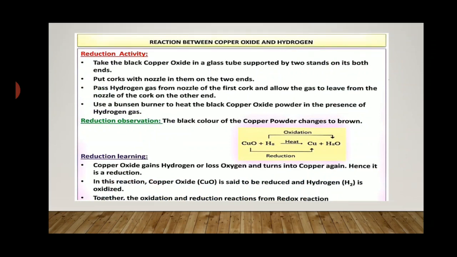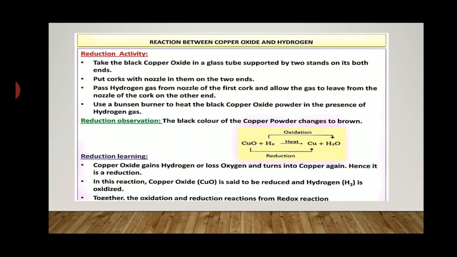See, reaction between copper oxide and hydrogen. Till now, we discussed the oxidation process and examples of the oxidation process. Now, we will discuss reduction and an example of reduction. To understand the reduction process more clearly, let's perform one activity. What you have to do?